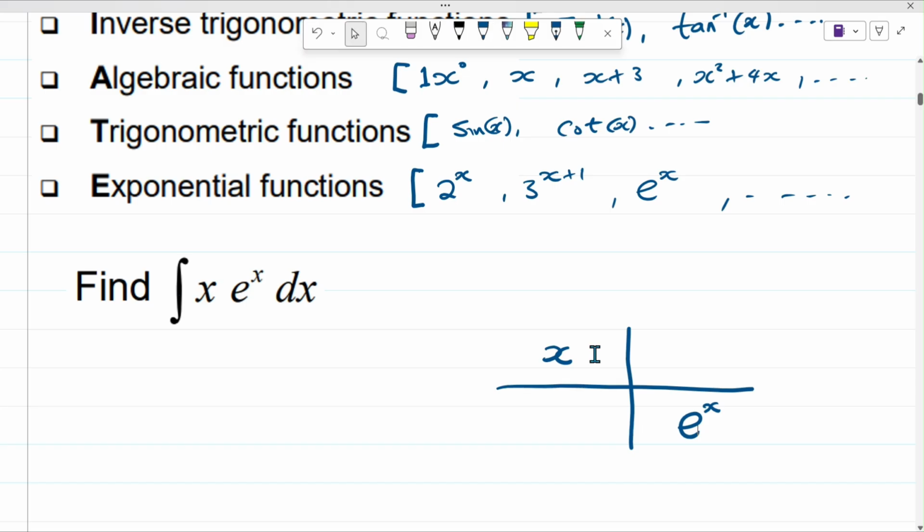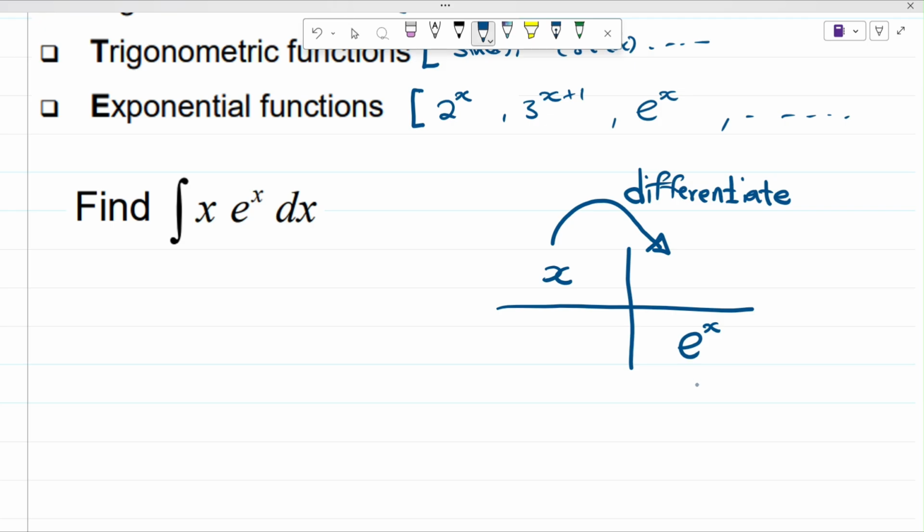Makes sense, right? So from here to here, we differentiate. It has to. And then from here to here, we integrate.